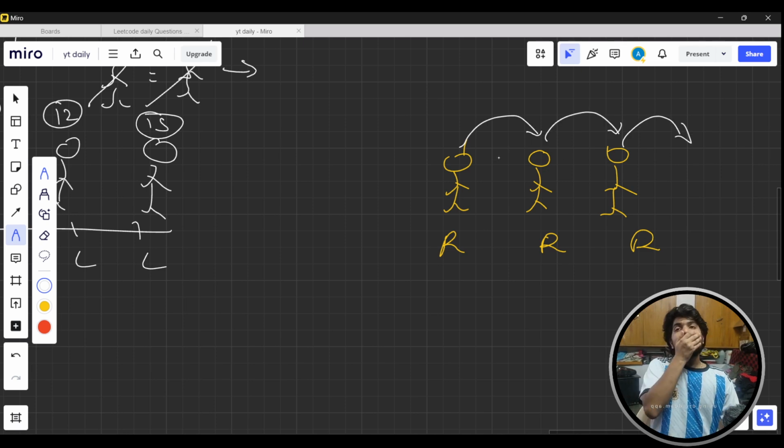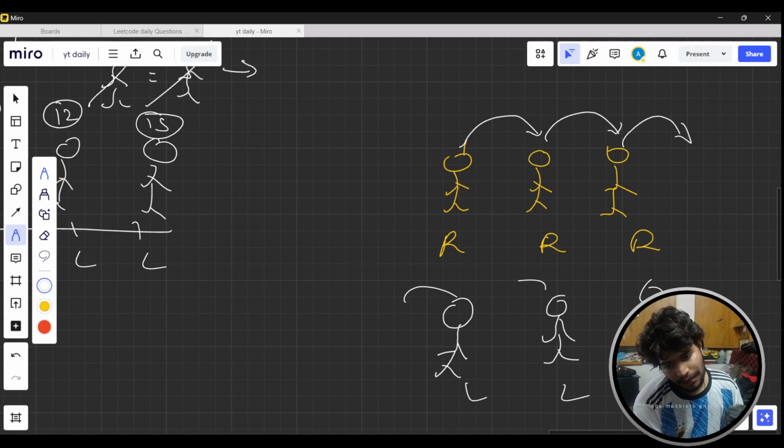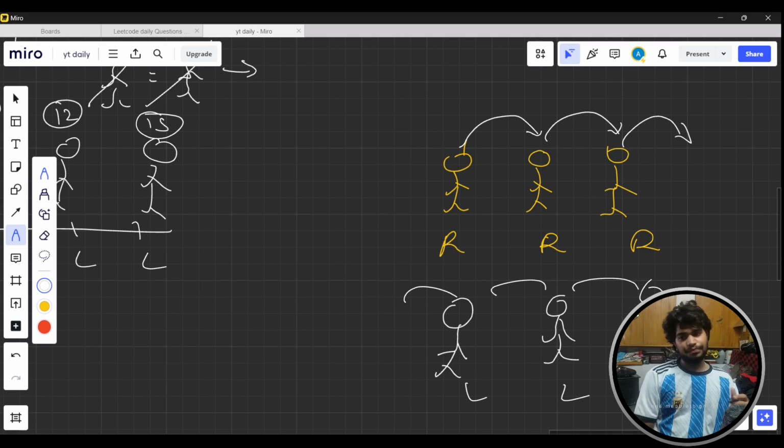So there will be no collision if the direction is the same. The same can happen with left also. If they are moving in the left direction, they will never collide. It does make sense.